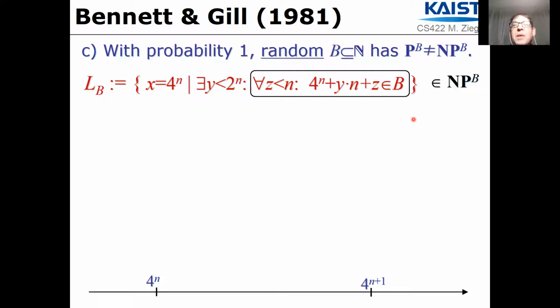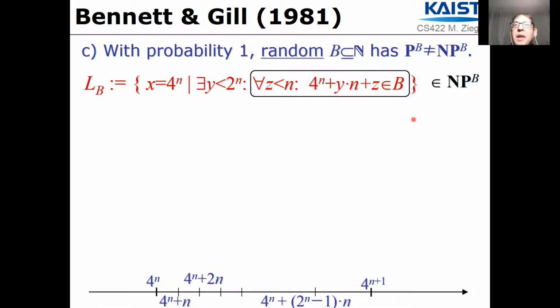And then we subdivide these big steps into smaller steps, each increasing by n. So 4^n + n, 4^n + 2n, and so on up to 4^n + (2^n - 1)·n. So there are exponentially many of these small steps, and that's the point: they fit nicely into the big steps. So the last small step is still far from the next big step. That's how the steps are designed on purpose, so that we later get some independence.